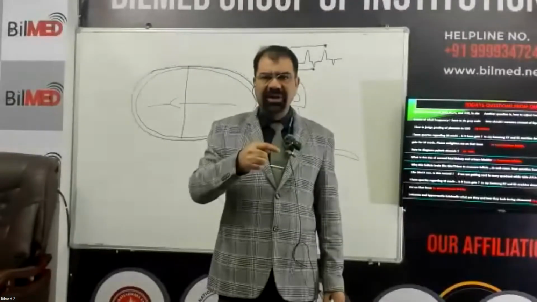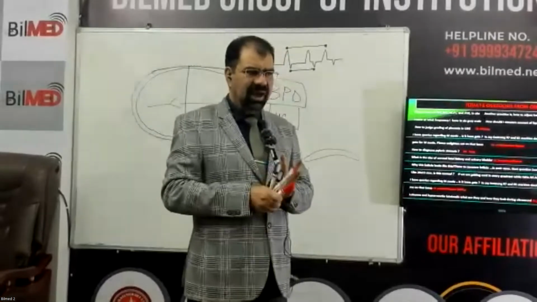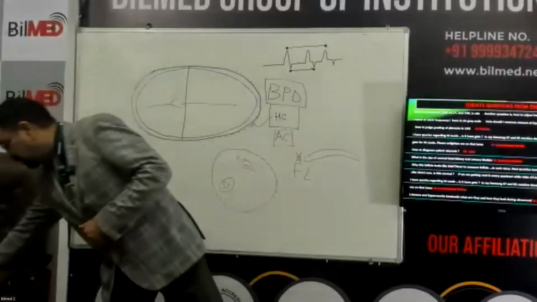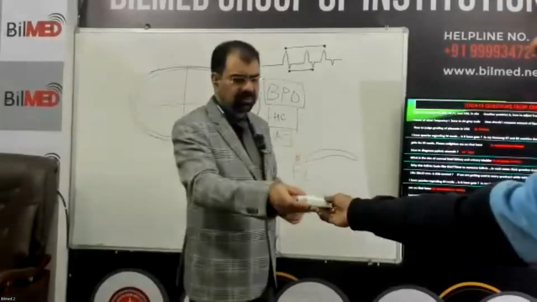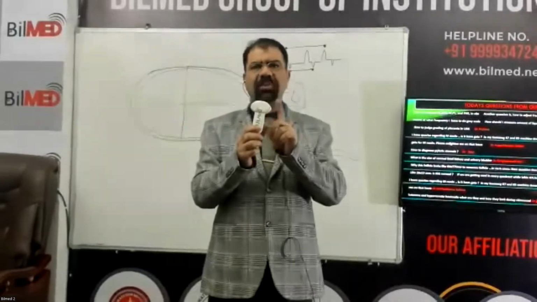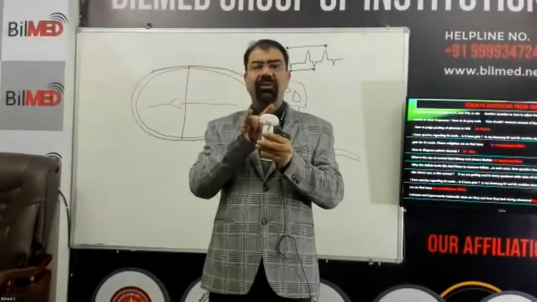Now, the point here is that without changing the probe, you can change the frequency. This probe, the transabdominal probe or any TVS probe, has a set bandwidth of frequency.